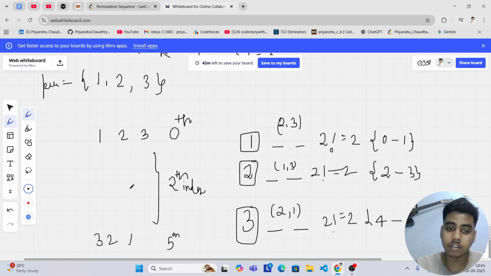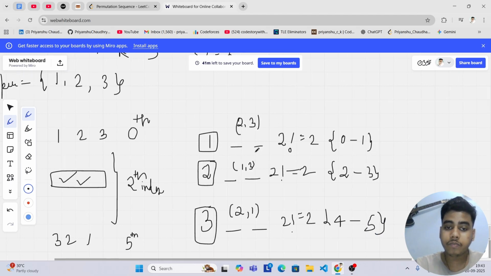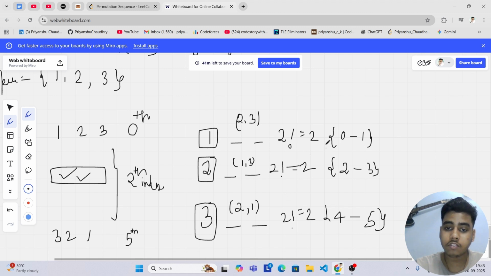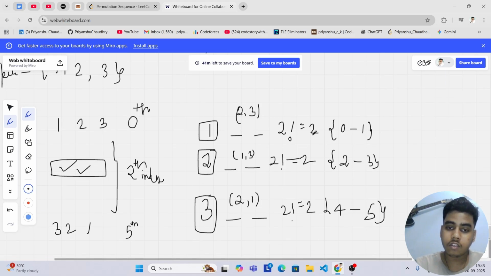This will be our answer, whatever it is. From this observation, if I fix the starting ones, I will be left with 2 options. So I have written all these things.